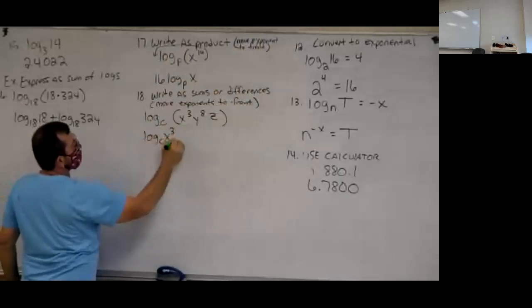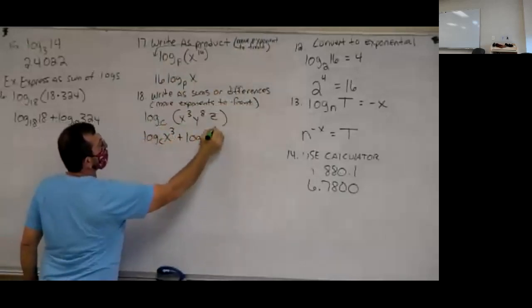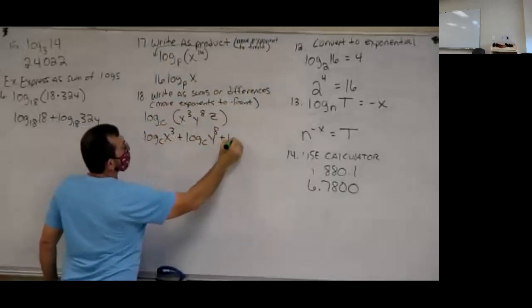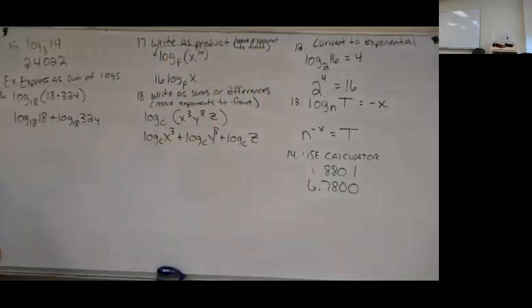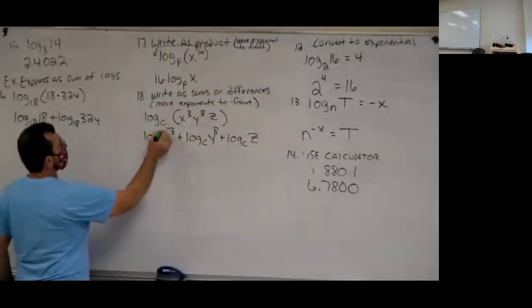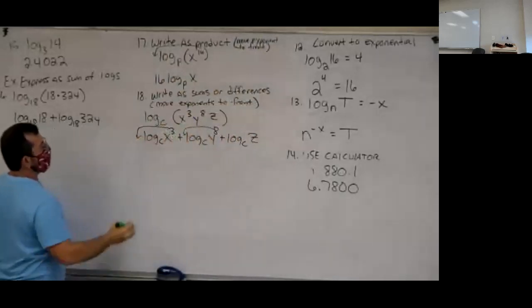Log base C of x to the third plus the log base C of y to the eighth plus log base C of z. So it's rewritten as the sums or differences. And now, two of these have exponents, and I'm going to move these exponents to the front.